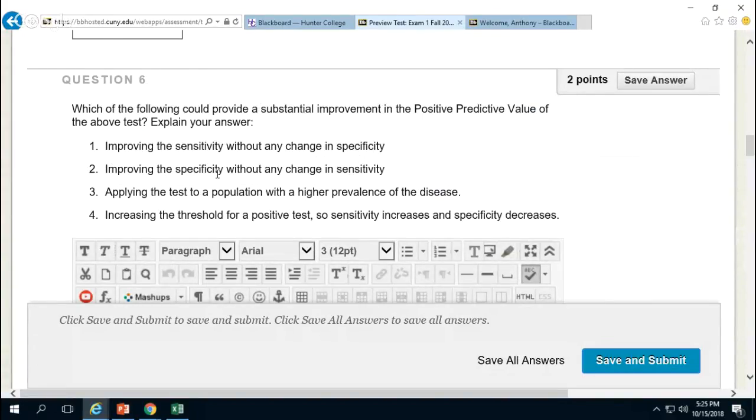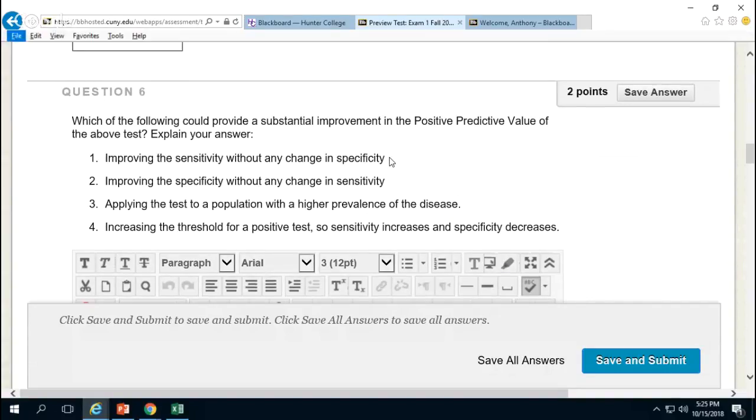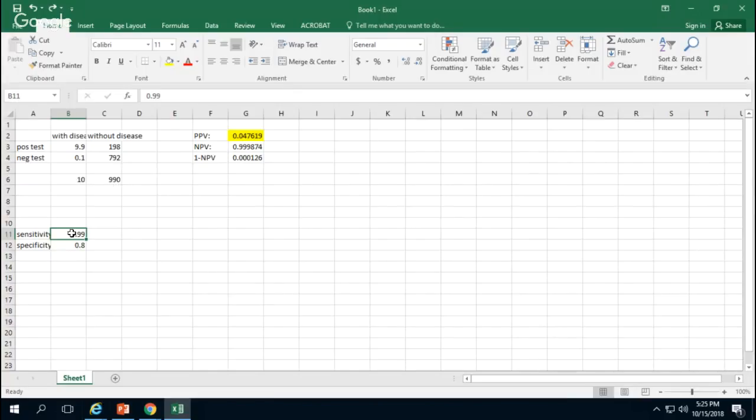Improving the specificity without any change in the sensitivity. Okay, so that improves the performance on the healthy people. It lowers your false positive rate. Since there are fewer false positives, if you receive a positive test, you're going to be more likely to actually have the disease. So this is going to be an answer. Let's take the specificity and increase that to 100%.